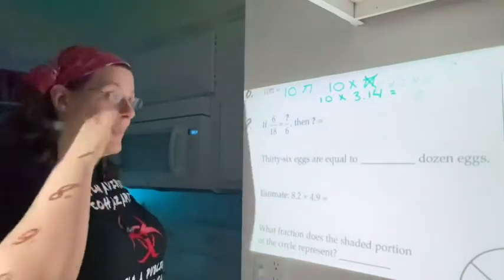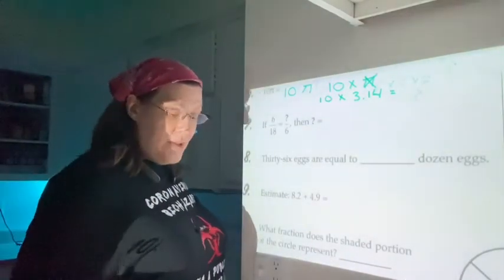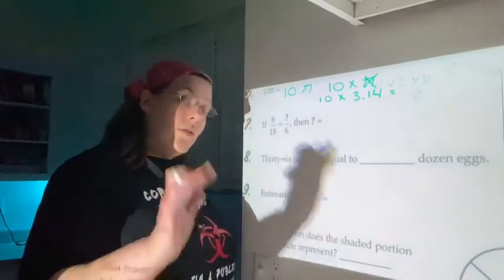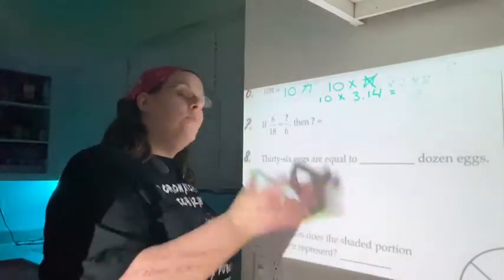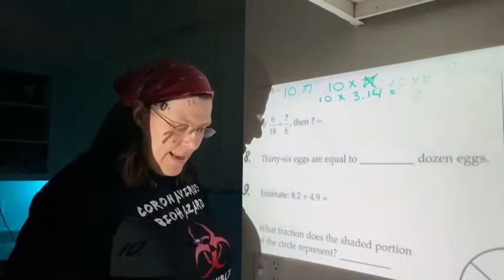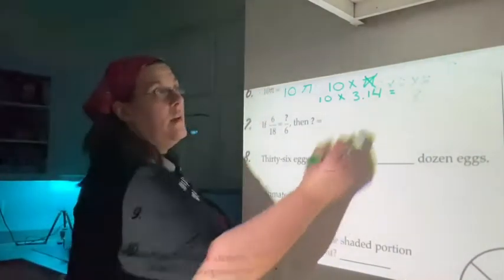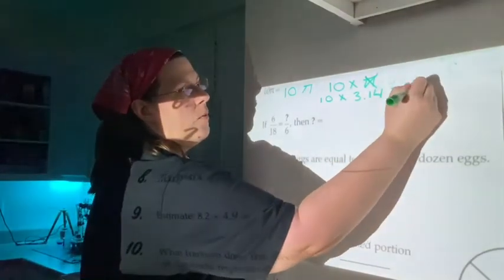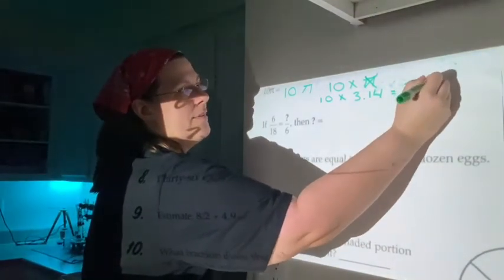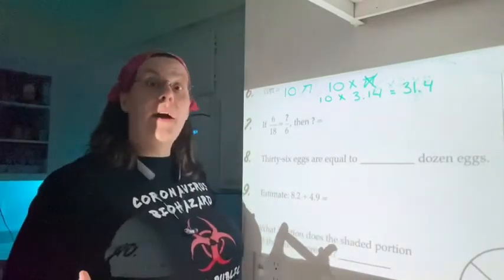We also don't need the calculator on this one either because we can move the decimal point, just like we talked about before. But we'll do the Photomath way first, then we'll go ahead and do it the other way. So I have 10 times 3.14. 31.4. They just moved the decimal point. Just like we talked about up front.